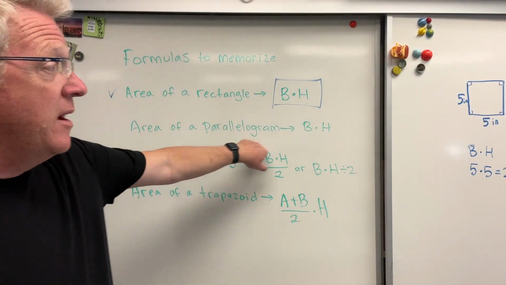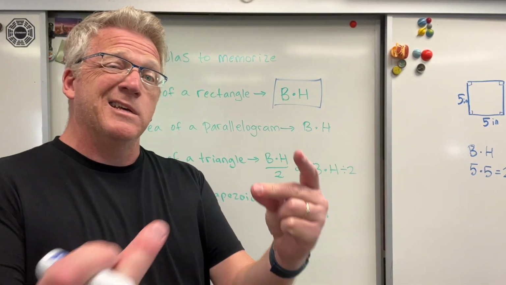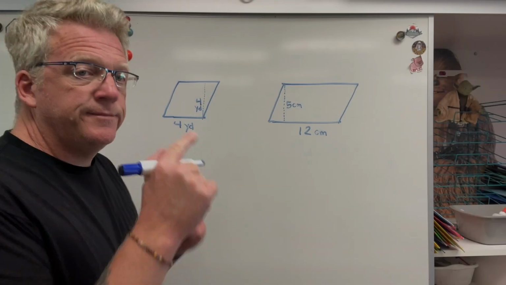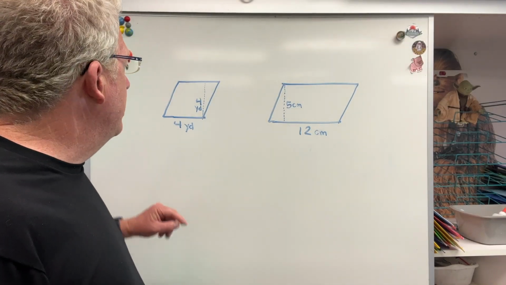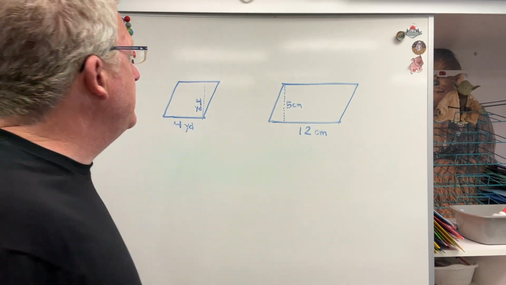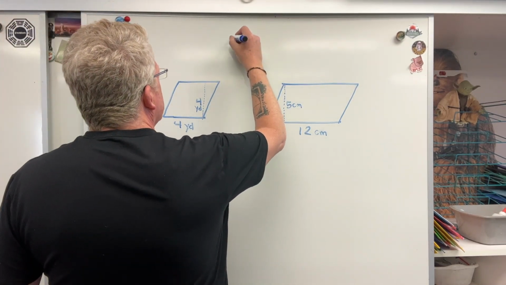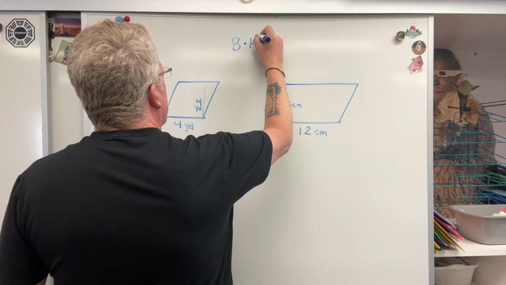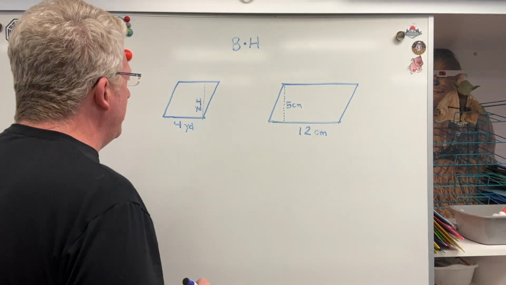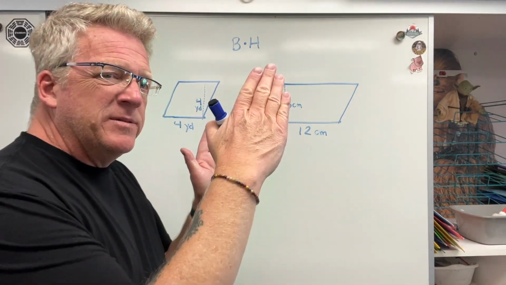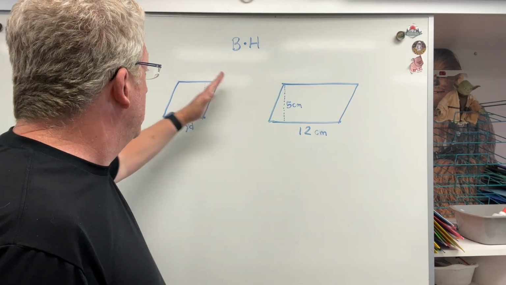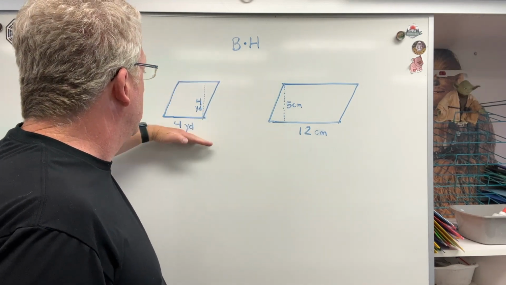Next, we're going to talk about area of a parallelogram. We have two examples here. Please remember that the formula is also base times height for a parallelogram. Parallelograms have opposite sides parallel, right?